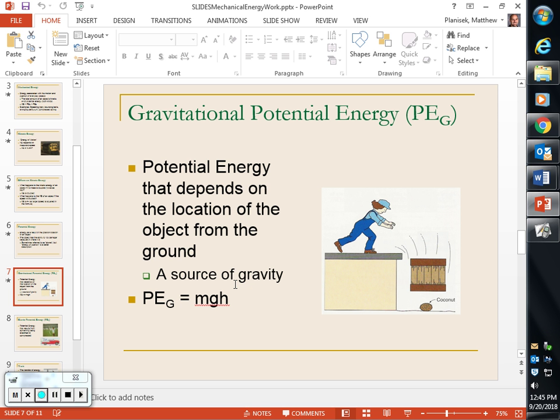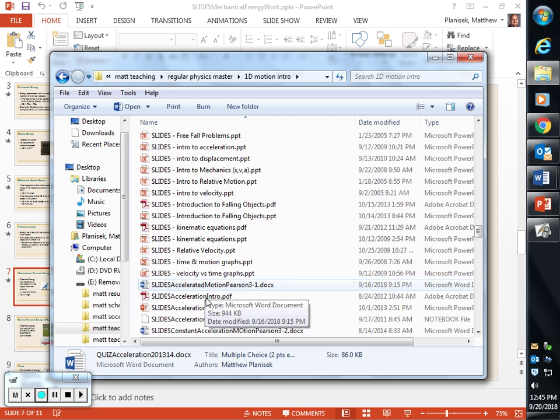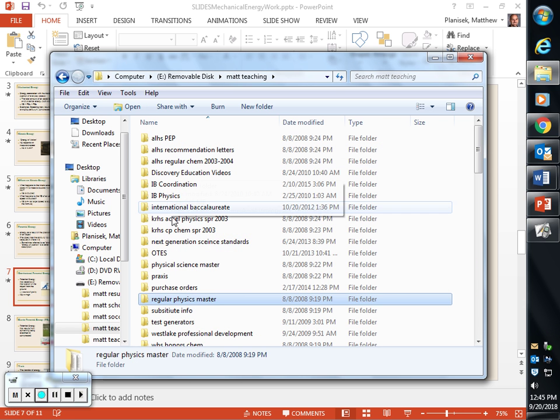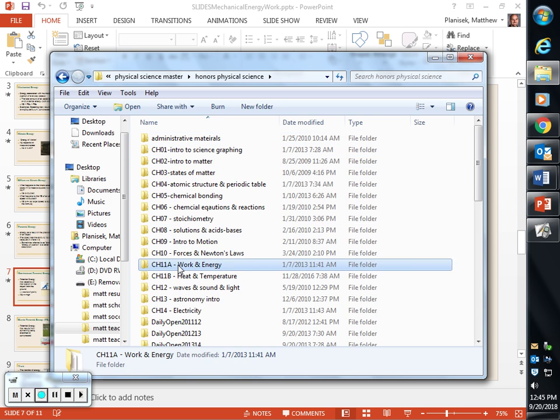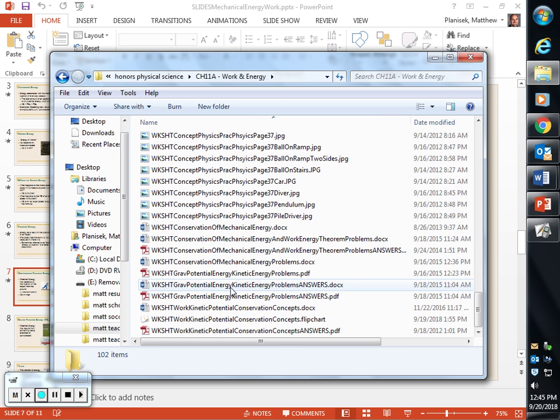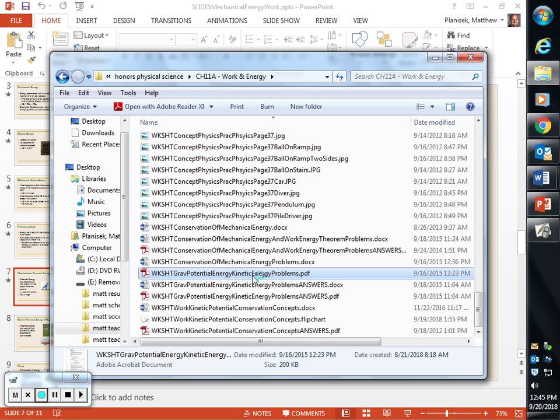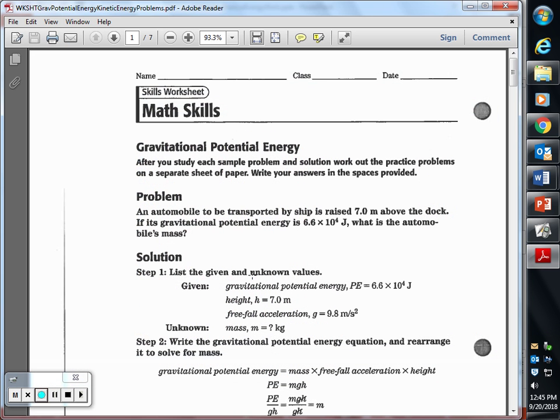So if you would, open up your packet that I gave you yesterday, the one that looks like this. I thought I had it open, but apparently not anymore. This packet right here says Math Skills, Gravitational Potential Energy.